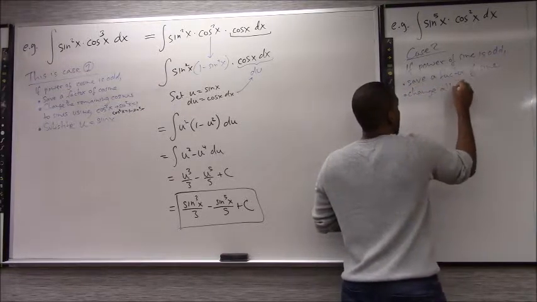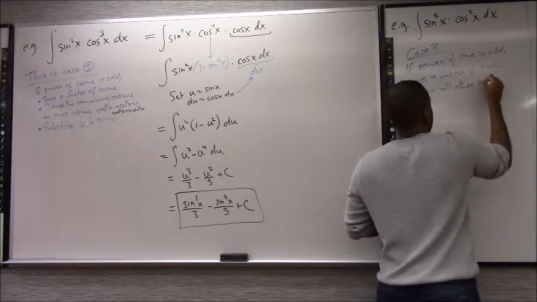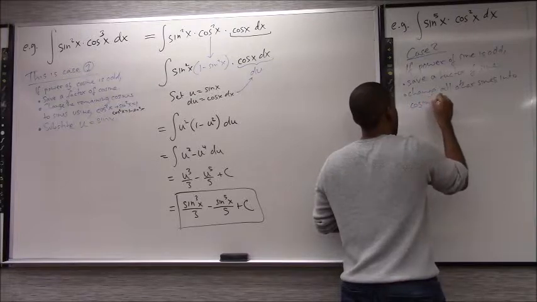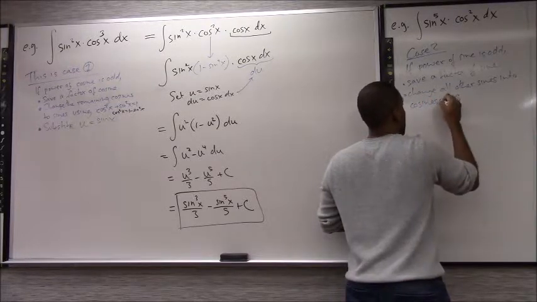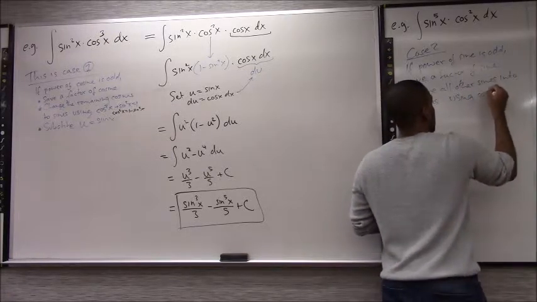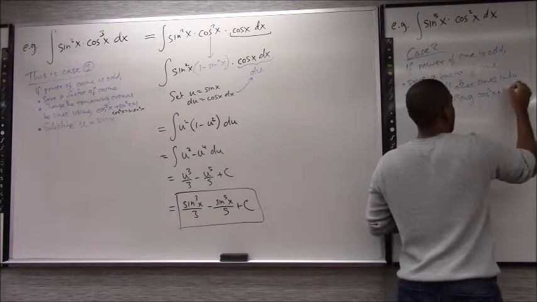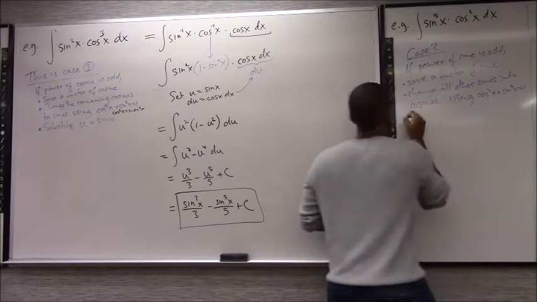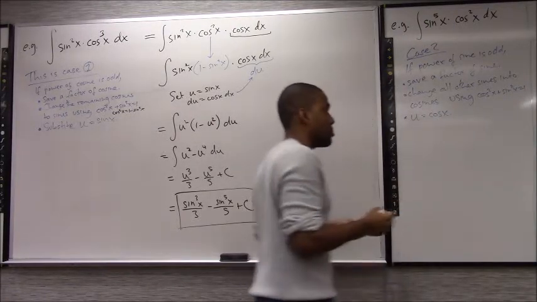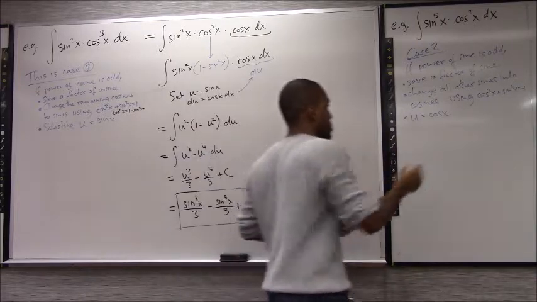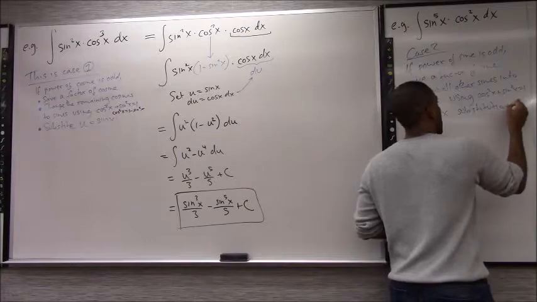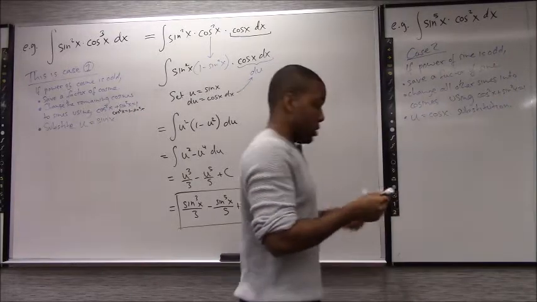Change all other sines into cosines using cosine squared plus sine squared equals 1. And then substitute u equals cosine. So that's what I would do here.